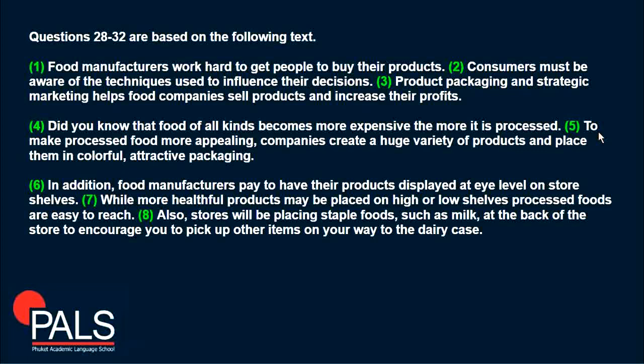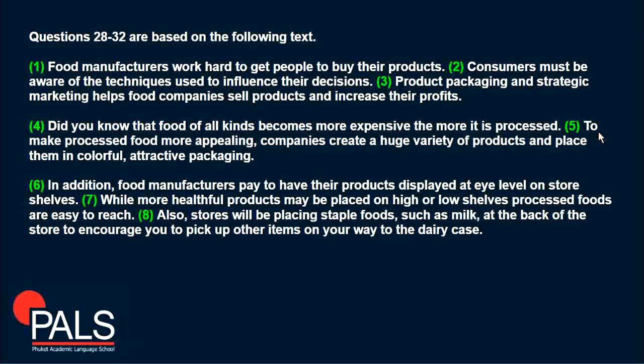Food manufacturers work hard to get people to buy their products. Consumers must be aware of the techniques used to influence their decisions. Product packaging and strategic marketing helps food companies sell products and increase their profits. Did you know that food of all kinds becomes more expensive the more it is processed?